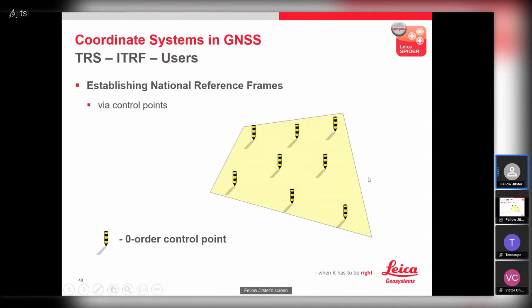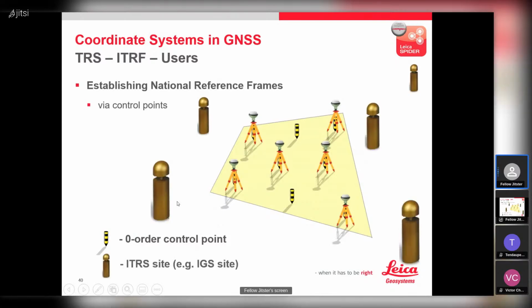A set of control points has been reobserved with reference stations or with GNSS receivers, and the IGS network. These IGS sites were used for connecting these control points to the global network.